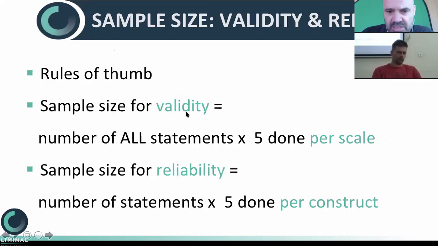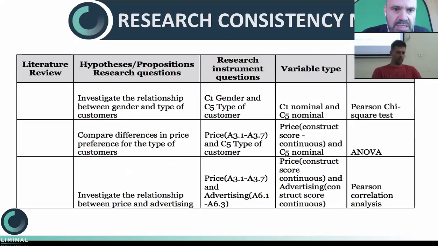Say for instance, the innovation capability we looked at earlier has 29 statements, multiply by 5, so that's about 150. Reliability needs much less because you take the number of statements per construct. Usually there are 5 per construct, so that's about 50. So you don't need much for reliability.